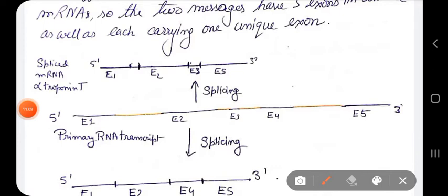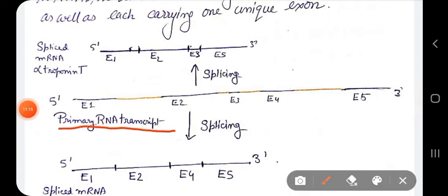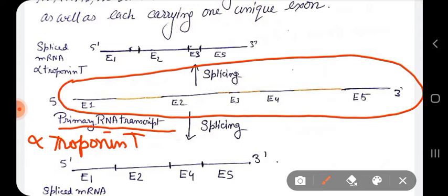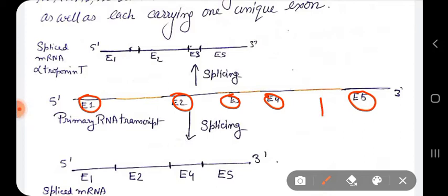The middle one is the pre-mRNA, the primary RNA transcript for alpha troponin T. From this pre-mRNA, you can see exon 1, 2, 3, 4, 5, and the orange ones shown right here are the introns.